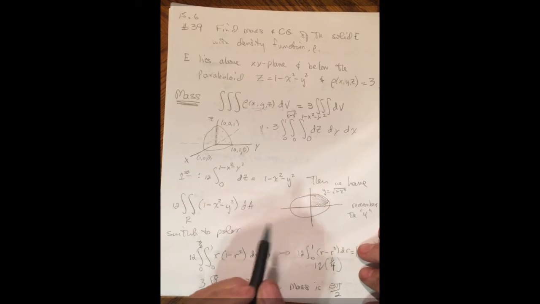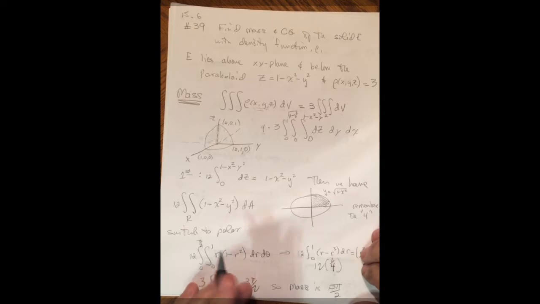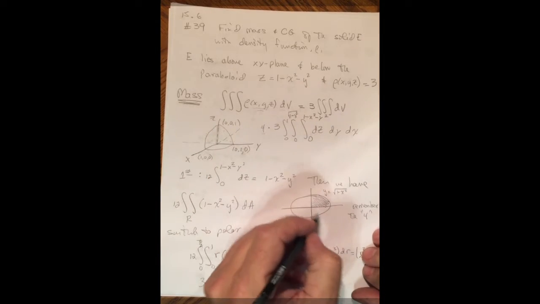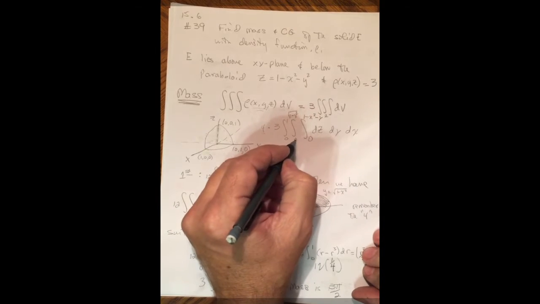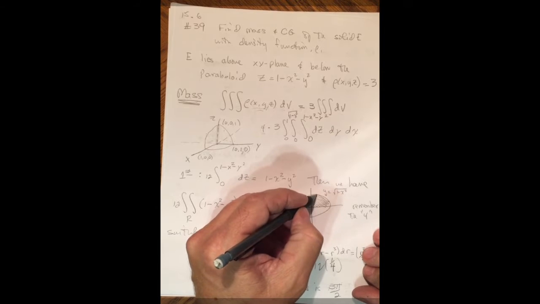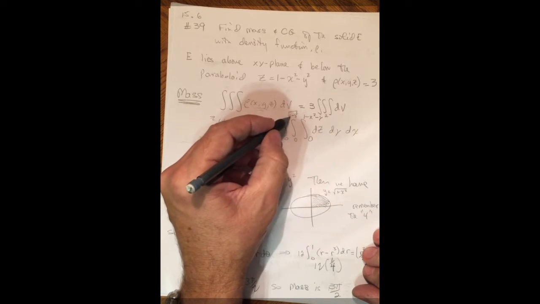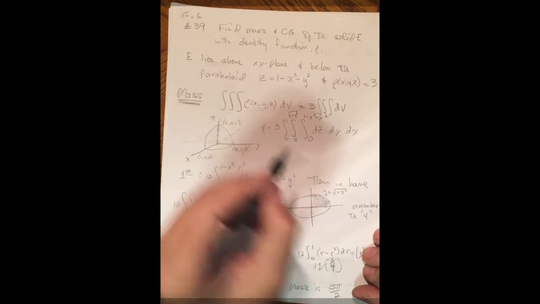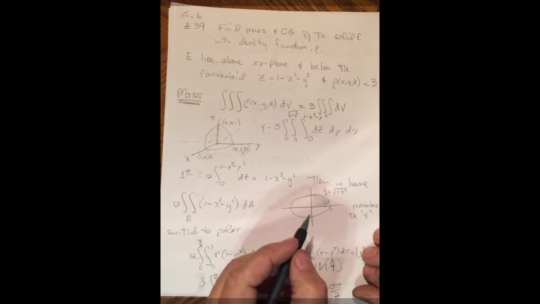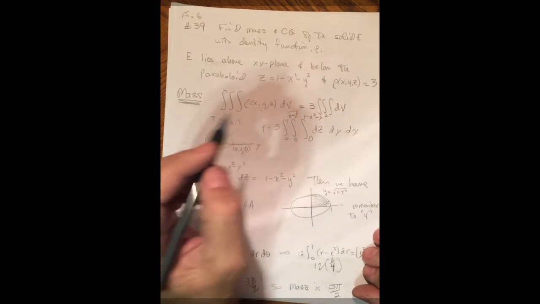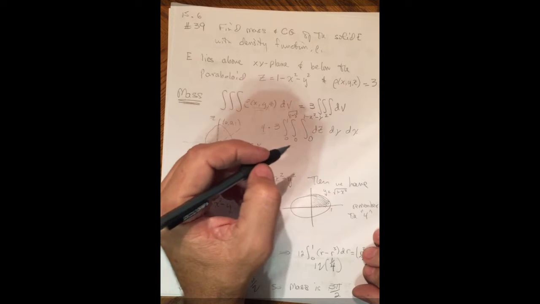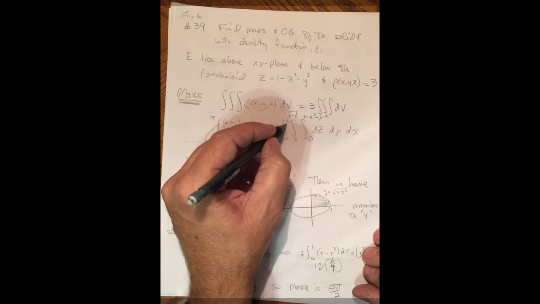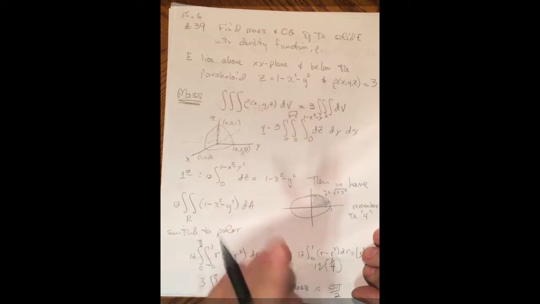So in the xy plane, I'm just integrating over that part. So this is just the equation of a circle. So y will go from y equals 0 up to the circle. So 0 to the square root of 1 minus x squared. X goes from 0 to 1, because that would be x squared plus y squared equals 1. So x goes from 0 to 1, and then it's times 4.